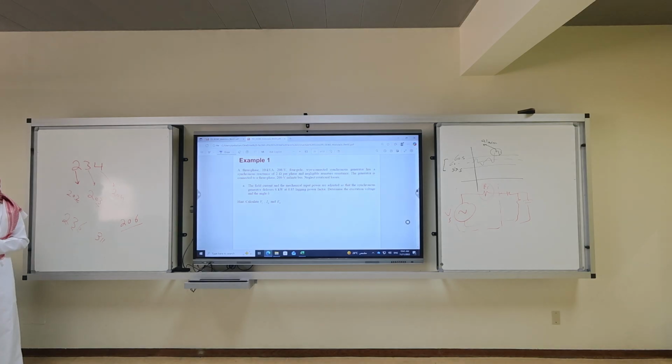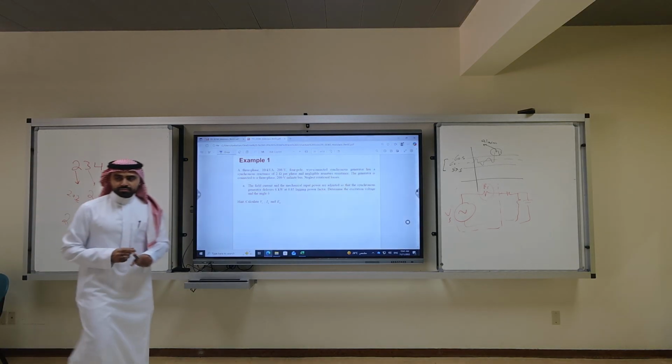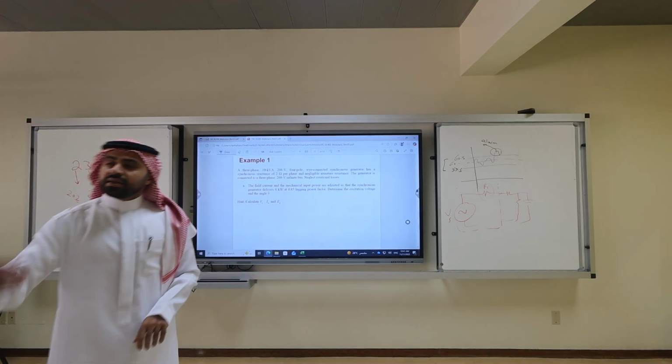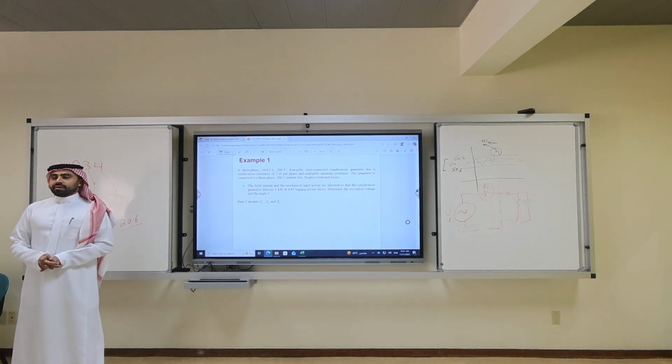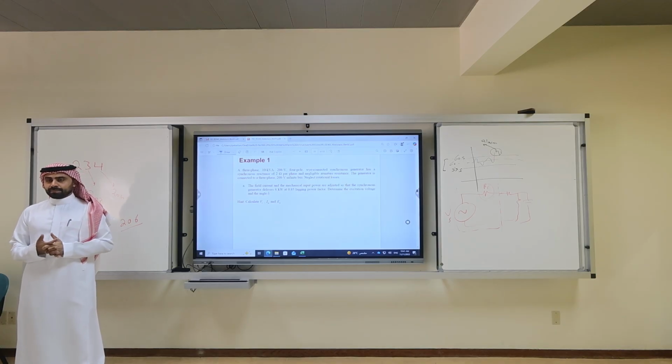Math 302 is easier than physics 305. They call it advanced math, engineering mathematics. It's only for EE students and math students. I think anything is easier than physics 305. Physics 305 is not easy. Who's having the major?